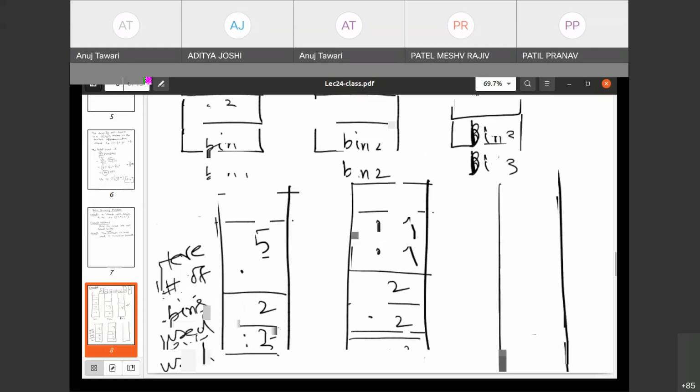But then again, we have a problem that in one bin, I will put 0.5 and 0.4. In the next bin, I'll put 0.3, 0.2, 0.2. And in the third bin, again, I'll have to put 0. So again, I don't understand how it exactly works.